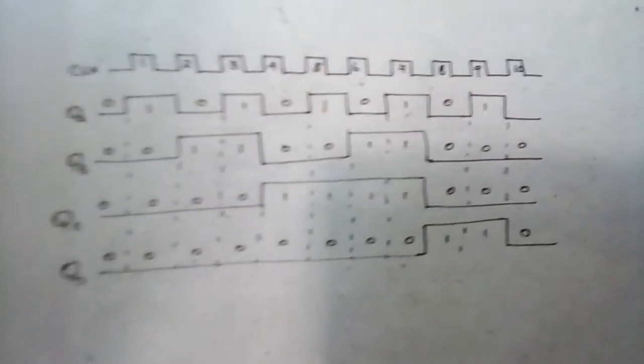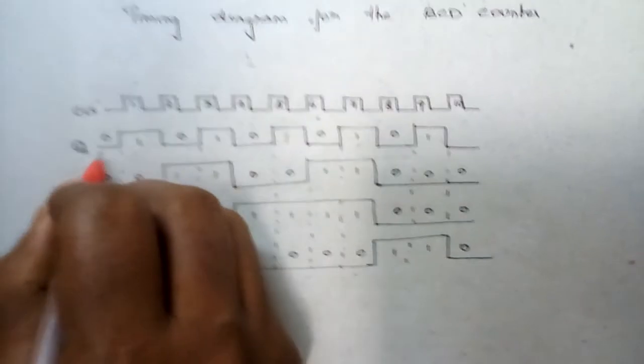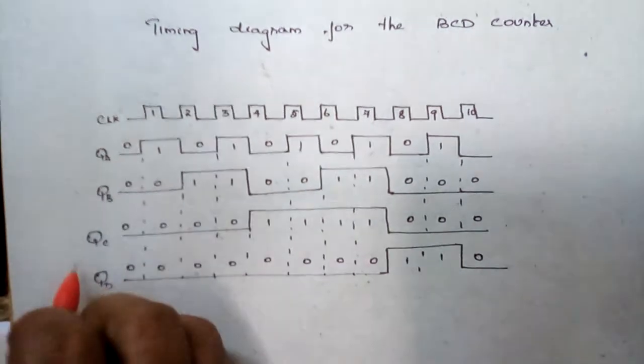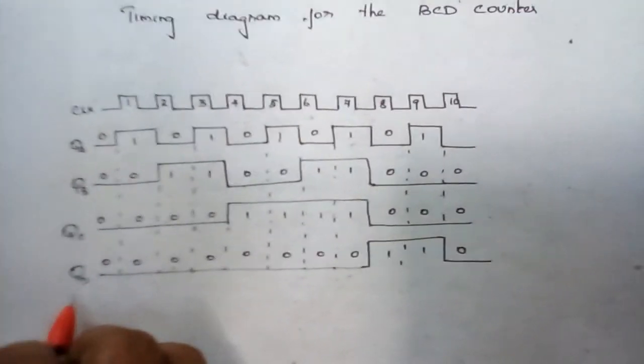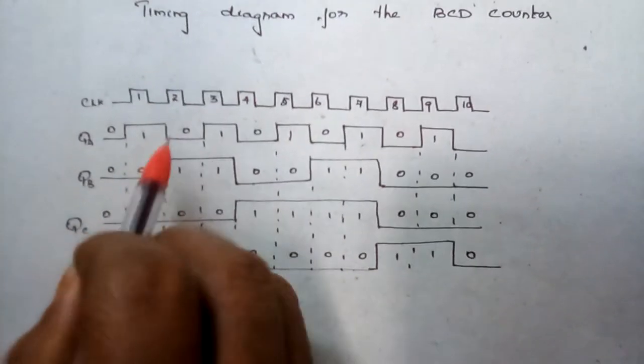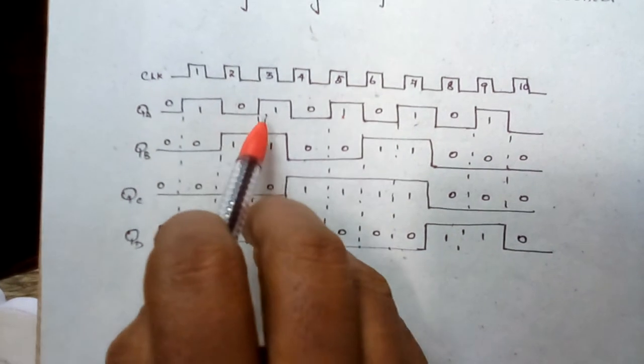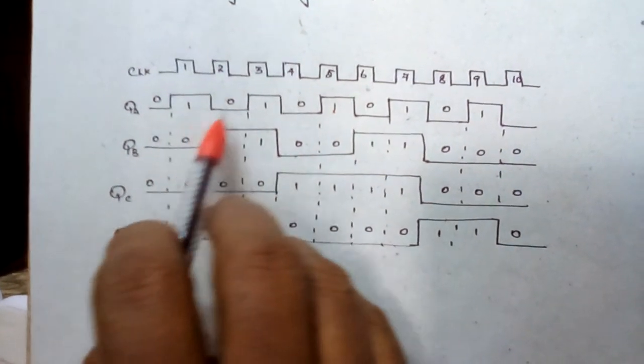And as discussed earlier, initially the QA output is given, and the QB output is given here, and the QC output and the QD output. For each trailing edge, it automatically changes its level from high to low, right?